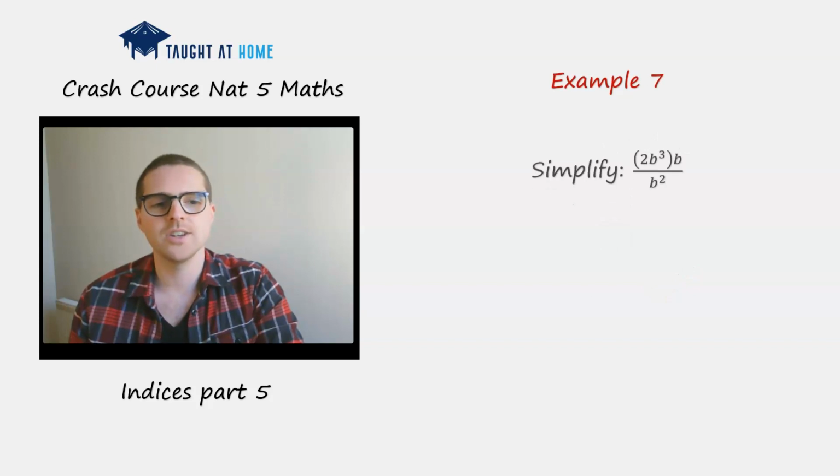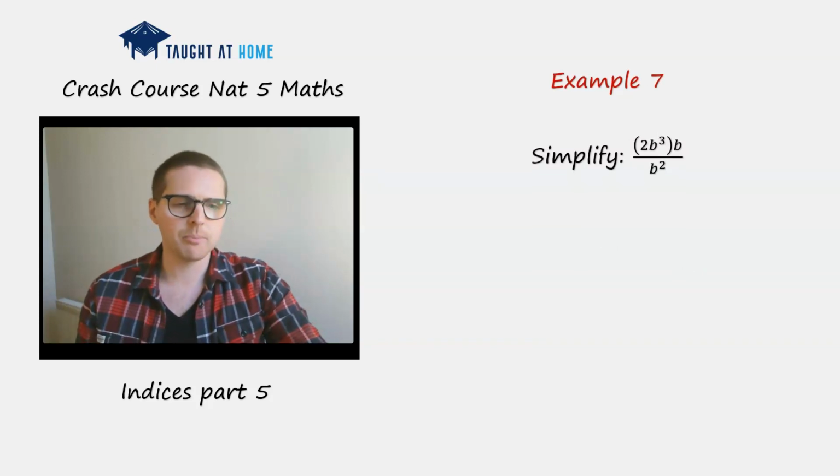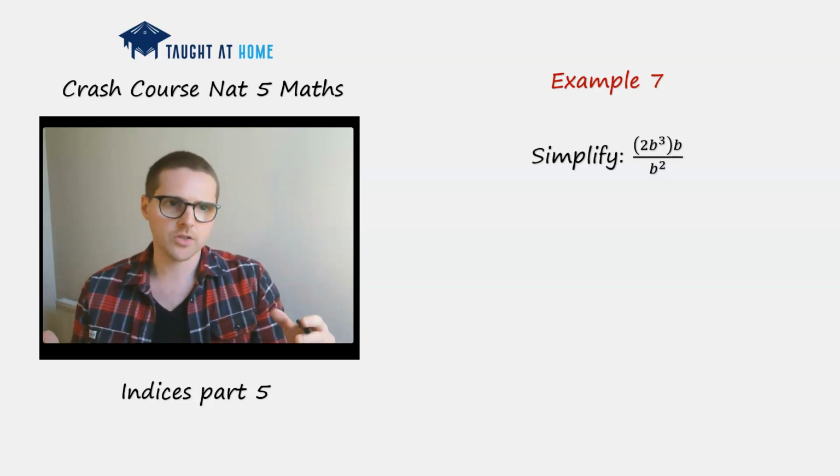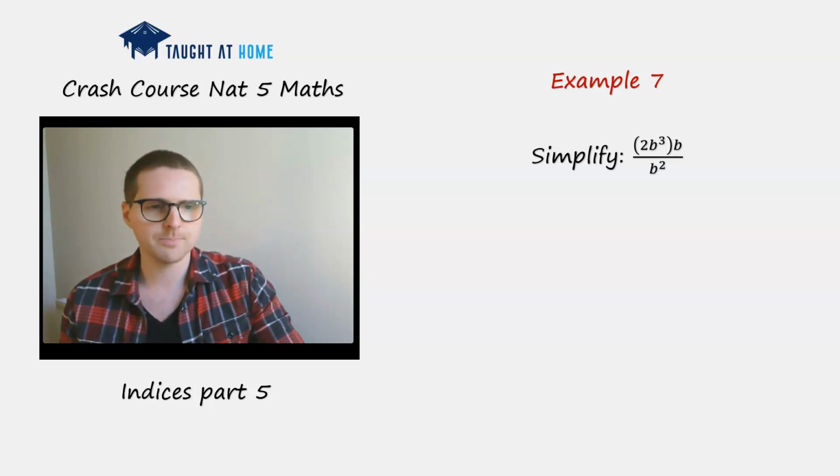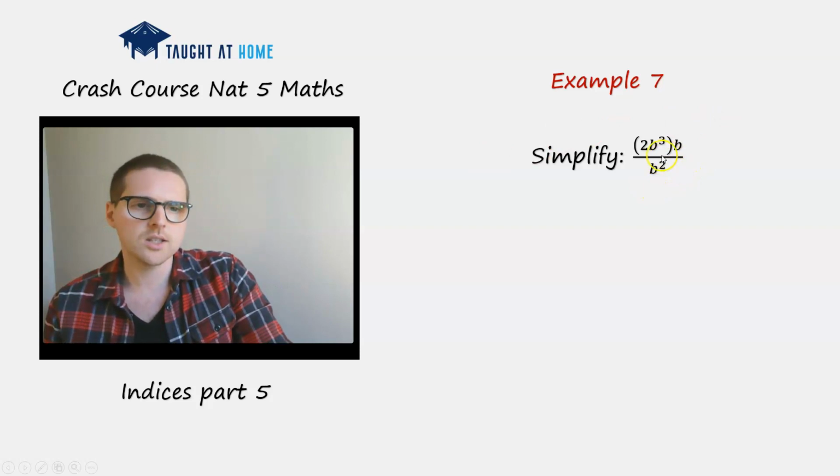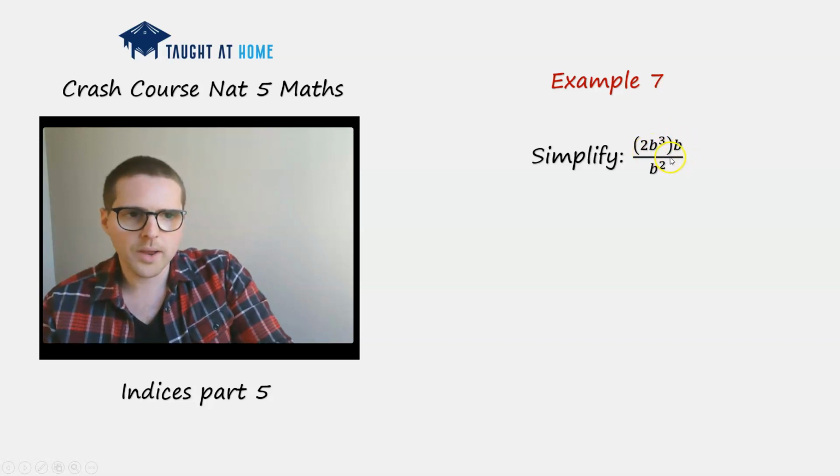Okay, and a trickier still example. Now we're combining different laws here. What we've got is 2b cubed times b, all divided by b squared. Now b is being multiplied throughout here, but remember this 2 is just a multiplying coefficient.